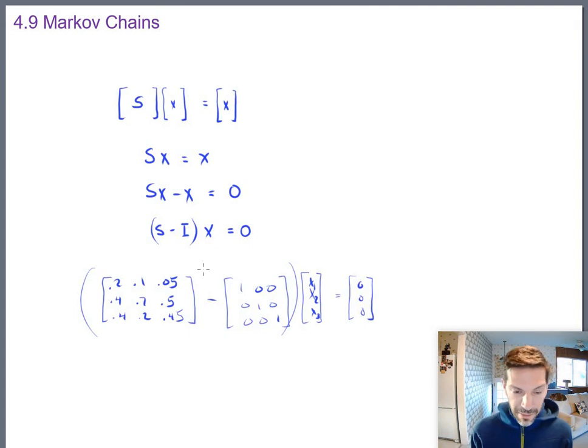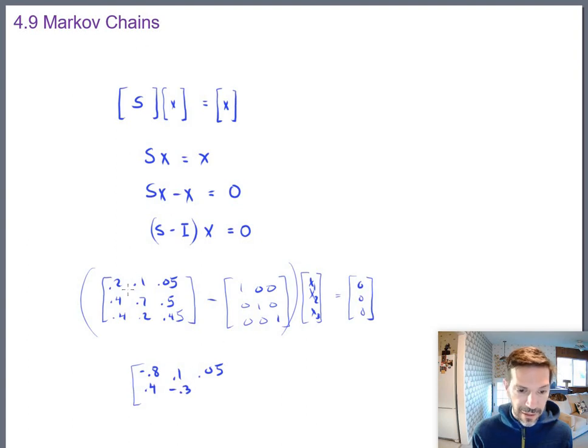So let's simplify the stuff inside the parentheses first. This is a 3 by 3 minus a 3 by 3, which can be simplified. And keep in mind when you subtract, you're just subtracting matching entries. So this will be 0.2 minus 1, so negative 0.8, 0.1, 0.05, 0.4, negative 0.3.